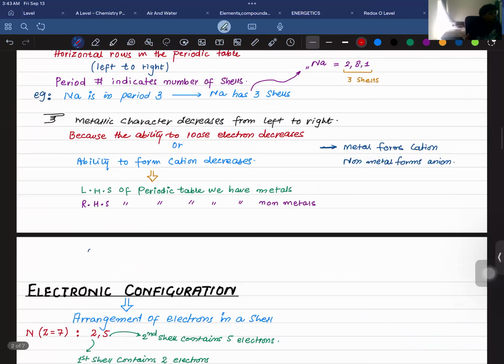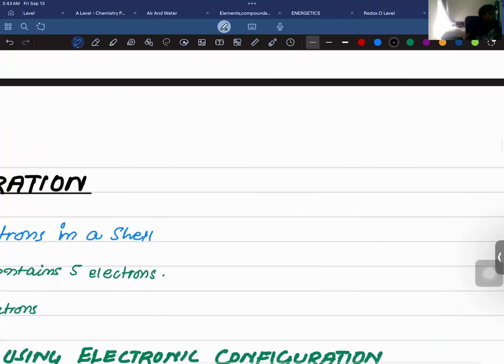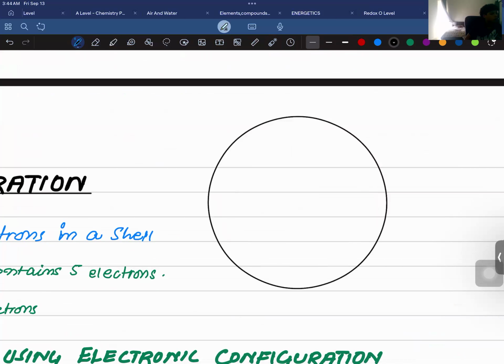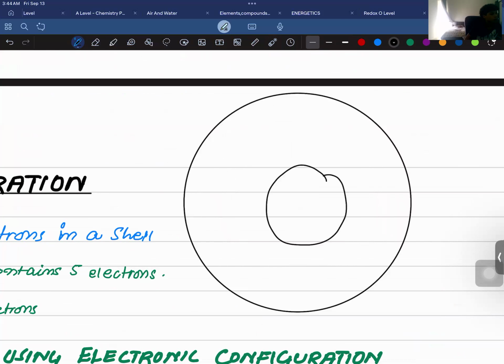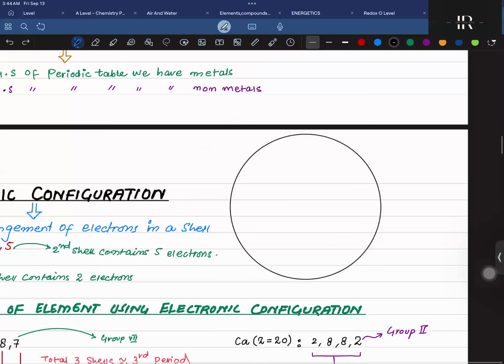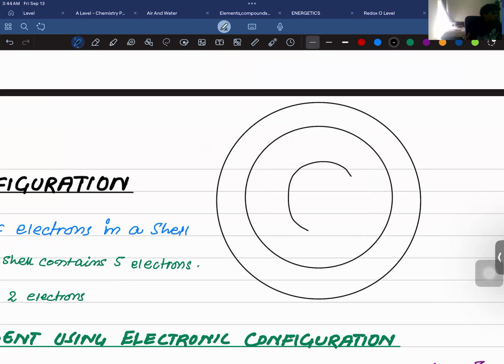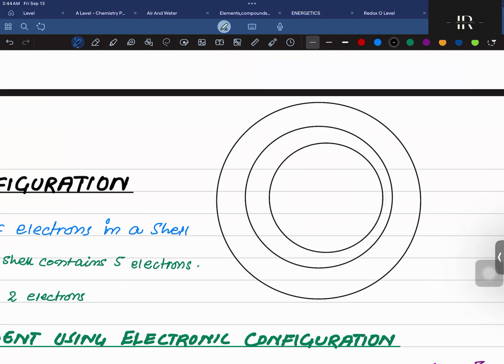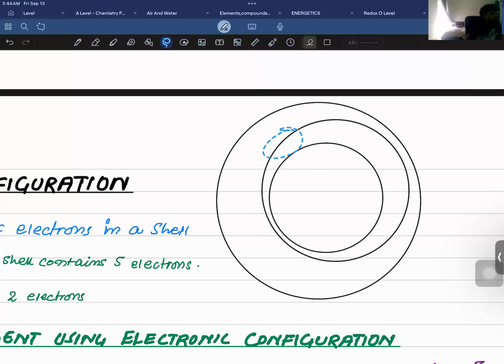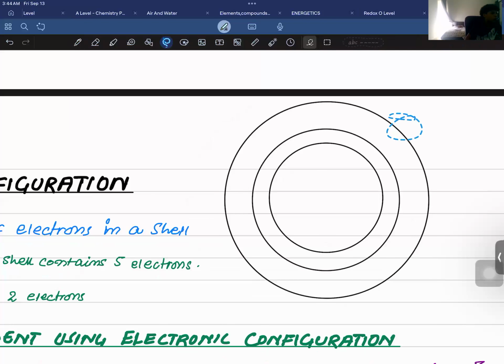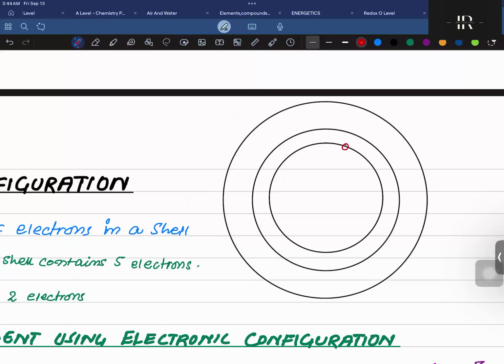Now we can summarize it. This is your first structure. Let's suppose this is the first shell having 2 electrons.